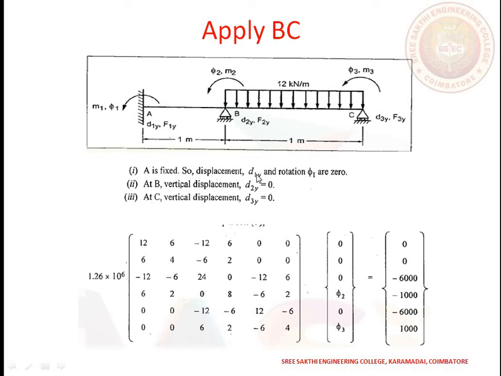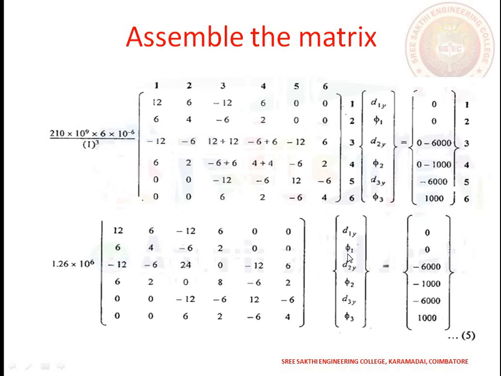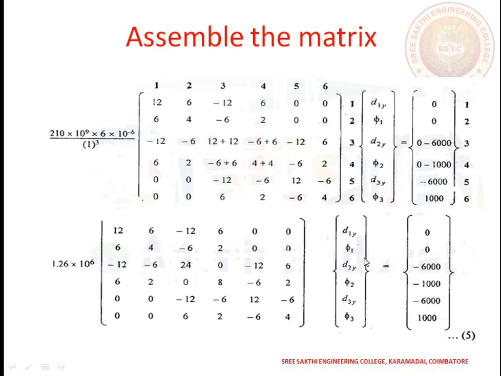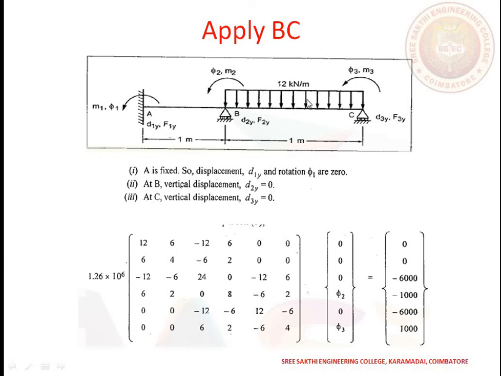So d1y and phi1 are 0. Now you can substitute 0 and 0. Then second, at B there is no vertical displacement, that is d2y is 0. So you can apply d2y equal to 0, but there is some rotation because the loading is acting.